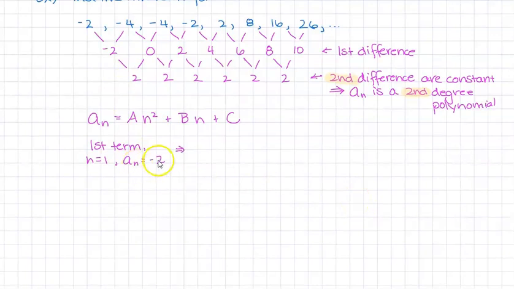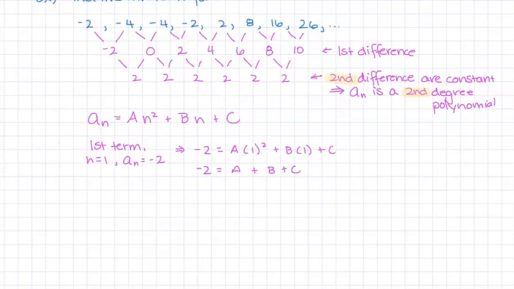We're basically going to plug in negative 2 for a sub n, and we're going to plug in a 1 for all of these n's. So when we do that, negative 2 equals a times 1 squared plus b times 1 plus c, or just negative 2 equals a plus b plus c.